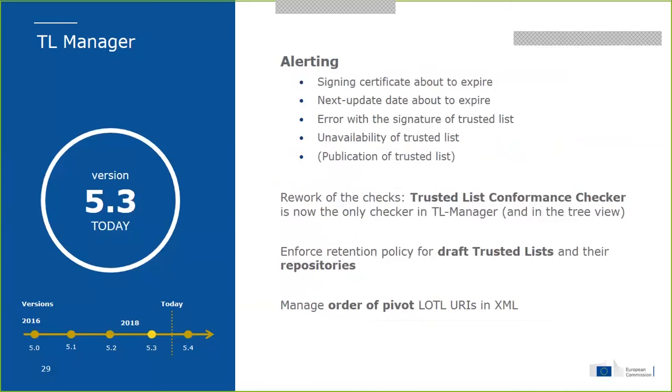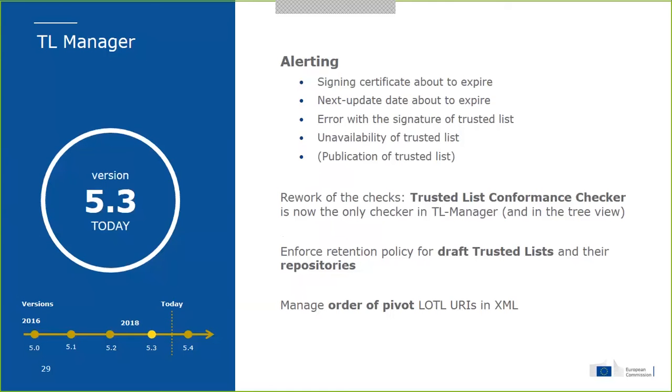Version 5.3, we are now actually talking about the version that is in production for the moment, that is live for the moment, and actually that we presented to you at the last webinar. This version, as you may have noticed, is now bringing an alerting system. So you receive emails. What happens is that we monitor your trusted list on a regular basis, on a defined set of dates compared to particular events.